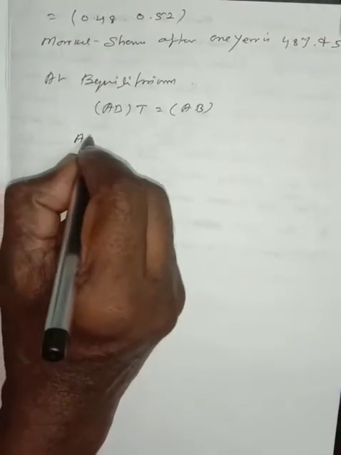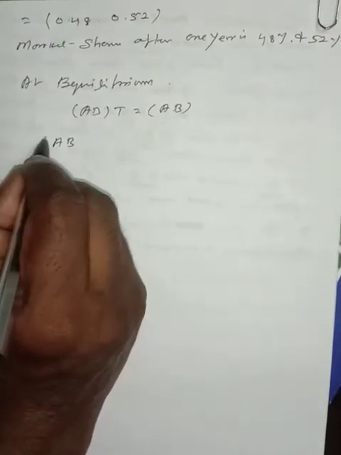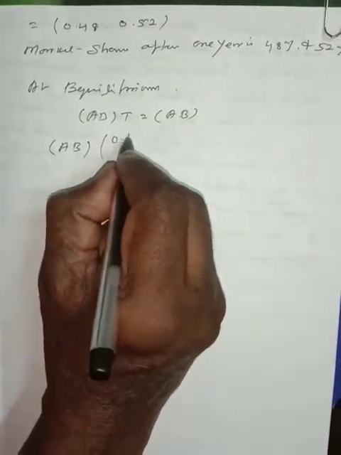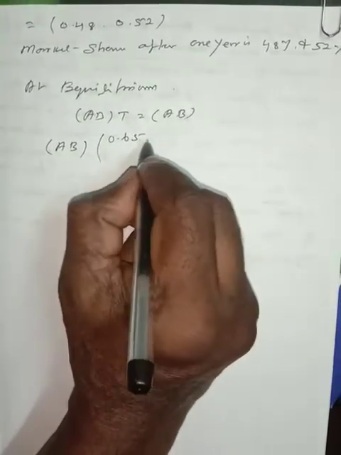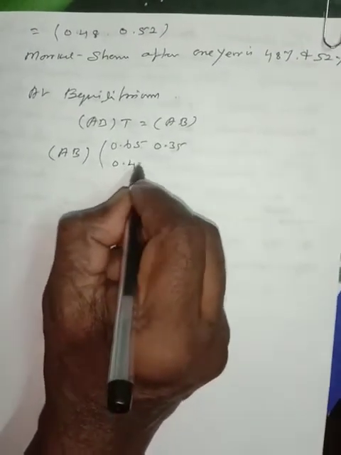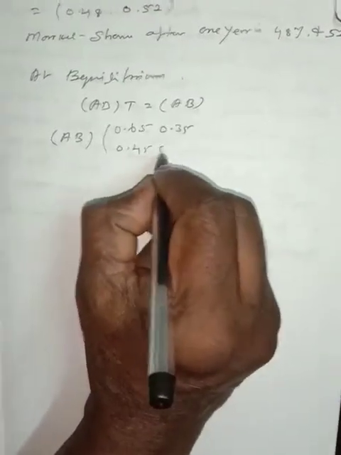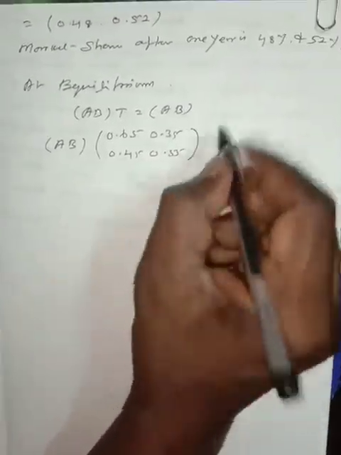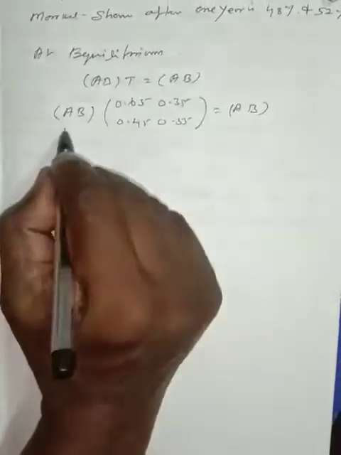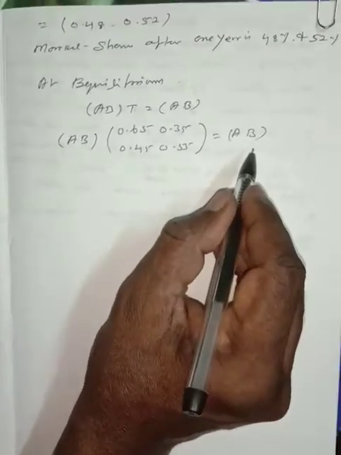AB into the 2 cross 2 matrix 0.65, 0.35, 0.45, 0.55 is equal to AB. 1 cross 2 matrix, 2 cross 2 matrix, 1 cross 2 matrix.